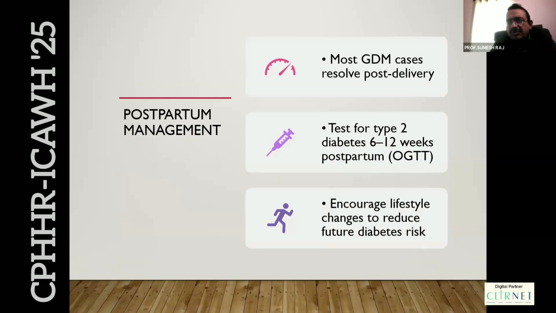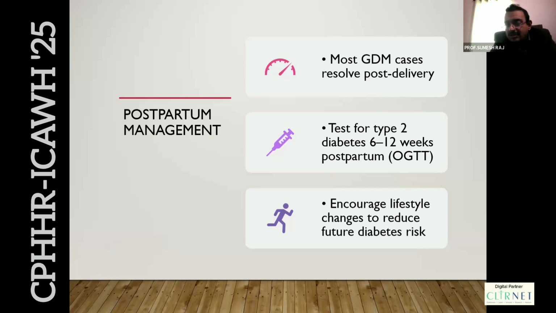You test for type 2 diabetes, usually at a 1.5 to 2 month gap, that is 6 to 12 weeks. And you may need to do a postpartum OGTT in some patients. Otherwise, the straightforward fasting and 2-hour plasma glucose values at 6 to 12 weeks, that is 1.5 to 2 months.